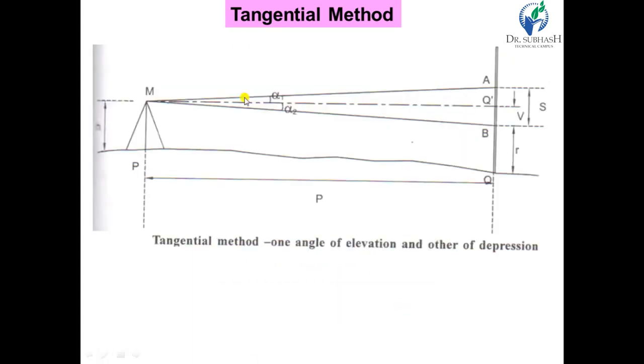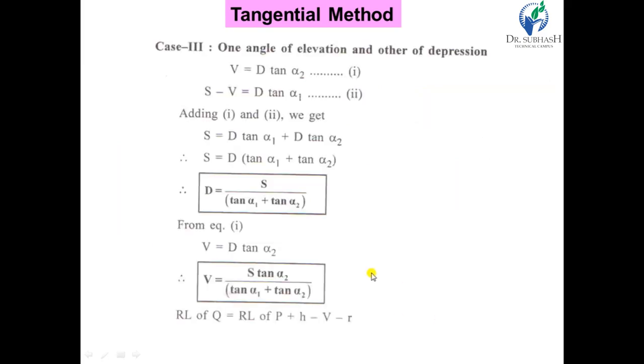Now we are moving to our third case. In this case, one angle is elevated and one angle is depressed. So for case 3, we have to calculate each elevation and distance separately, and we have to simplify into a formula for calculation purposes.